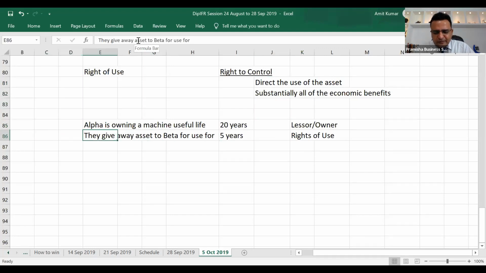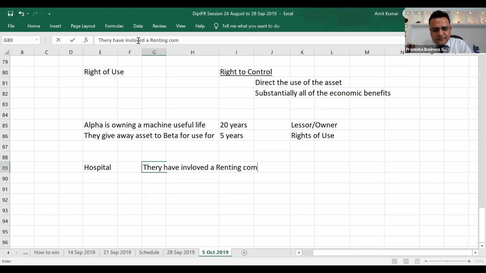Right to direct the use means, say there is a hospital and they have involved a renting company to rent them an ambulance.